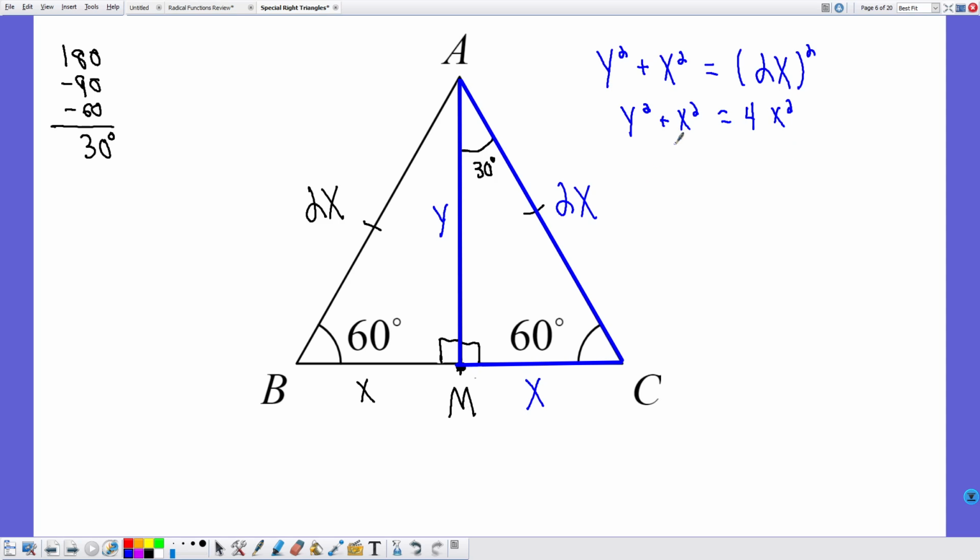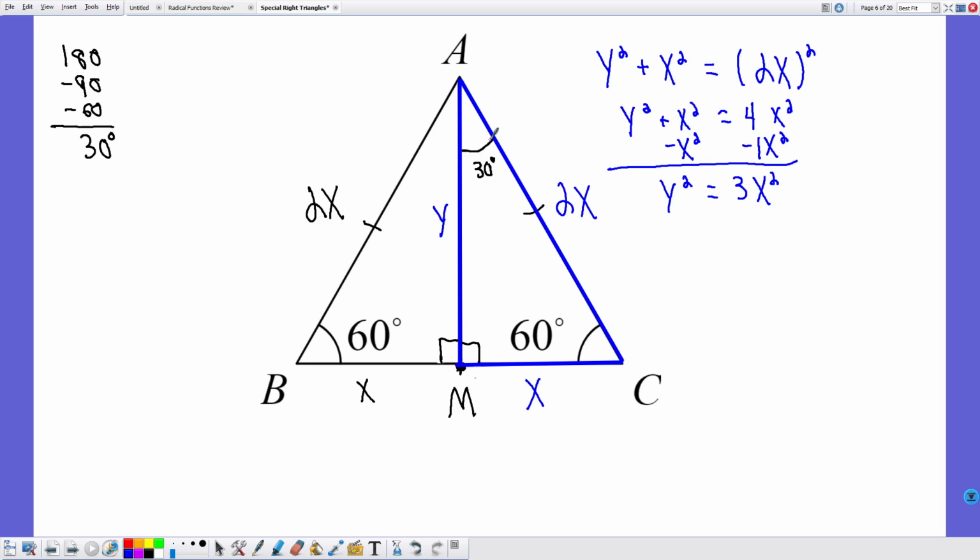Now, I can subtract x squared on both sides of the equation. I have y squared is equal to 4x squared minus 1x squared, right? So 4 minus 1 is 3. So we have 3x squared left over.